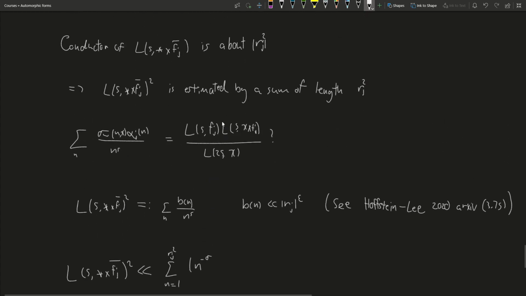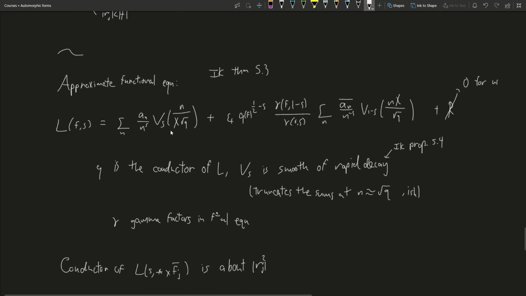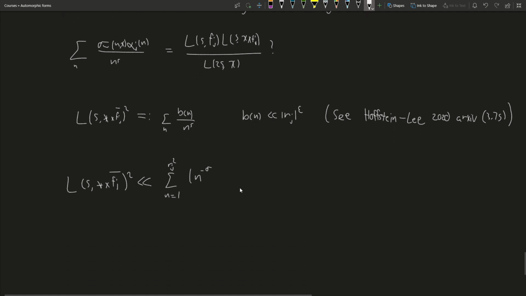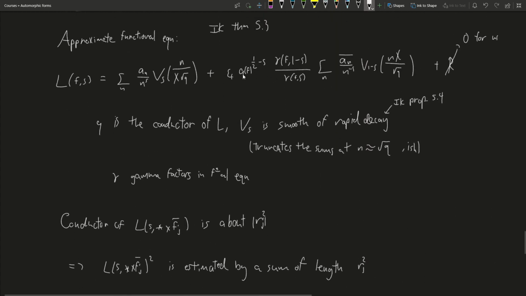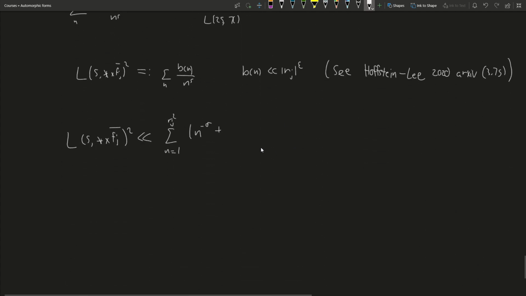That's going to be the real part of n to the s, and then you have plus, and now for the coefficient in front, this root number is going to be absolute value 1. This is not going to matter for us, and then you have this analytic conductor here.